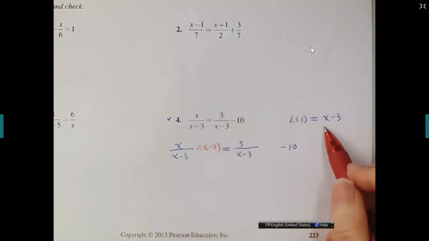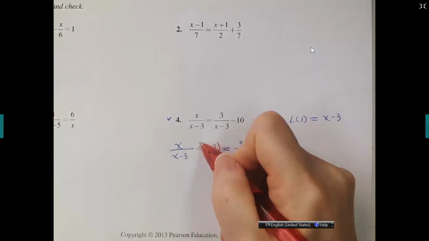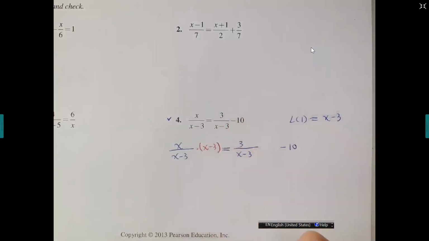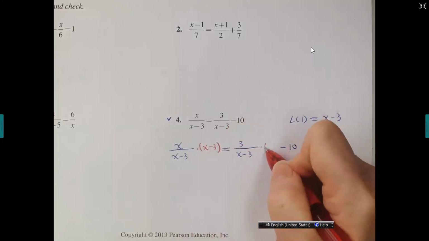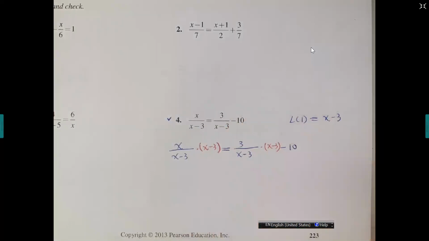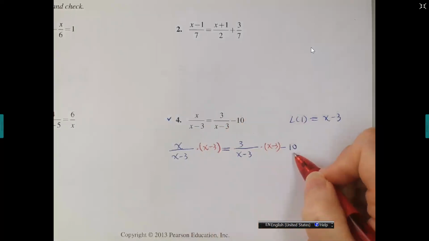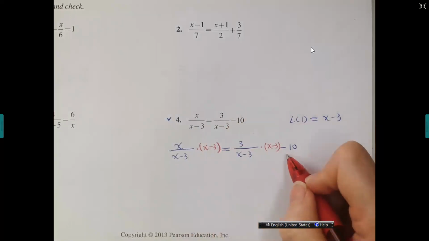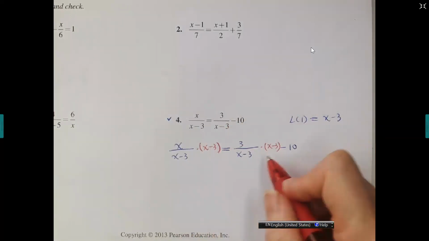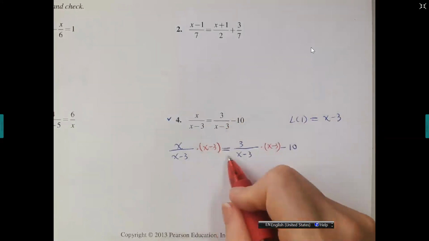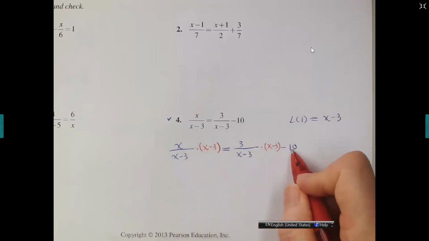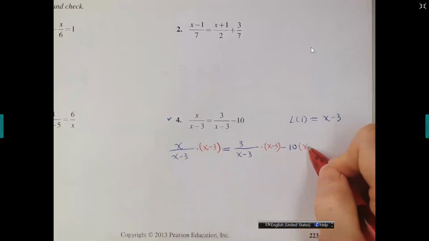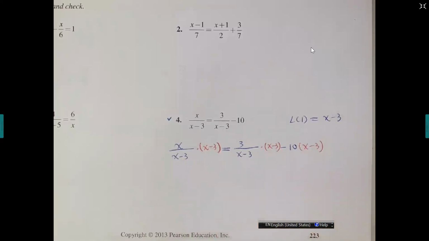The LCD is a polynomial, so put all terms in one parenthesis. The second term times x - 3 again. The third term, even though it does not have a denominator, is treated the same as the other terms. Everyone multiplies by the LCD. This one needs to multiply by the LCD as well, so this one times the LCD.